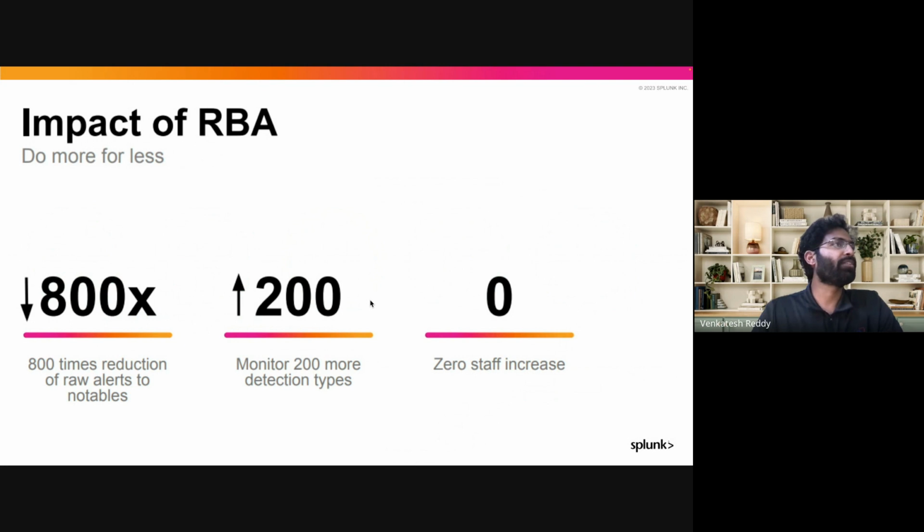I can say the benefits or the impact of RBA here. If you see here, there is a dramatic reduction in overall alert volume, and it's producing high fidelity alerts, and improved detection of sophisticated threats like low and slow attacks. Some threats may happen in a slow manner.